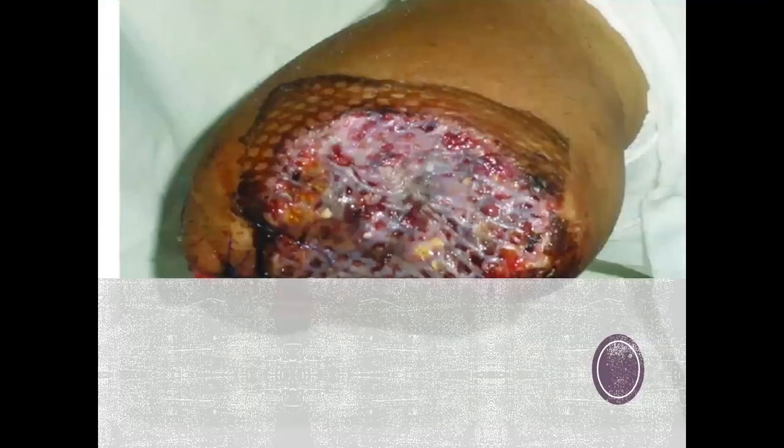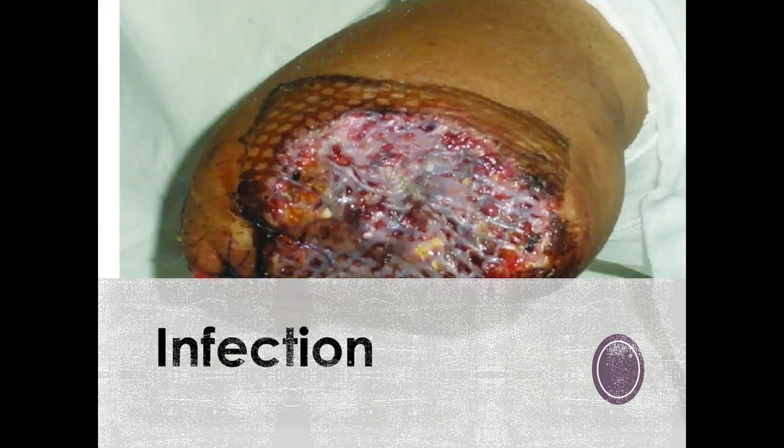Next, we have infection. So infection causes a delay in wound healing and is a complication of impaired wound healing. A wound that's left open or is contaminated is at a higher risk of an invasion of additional pathogens. Our signs of an infection would be localized swelling, redness, heat, pain, fever, foul smelling, or purulent drainage.